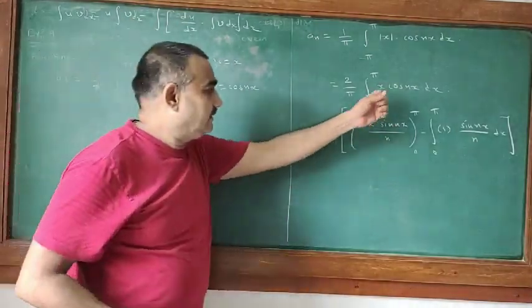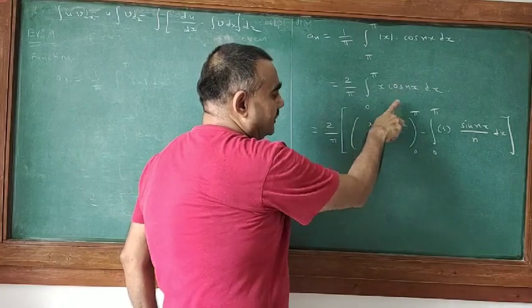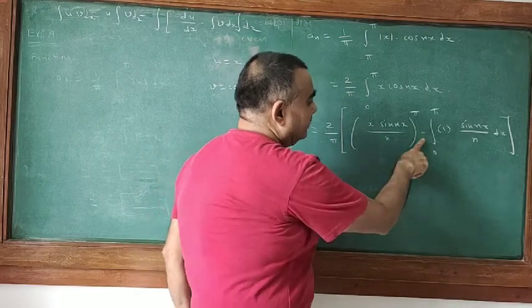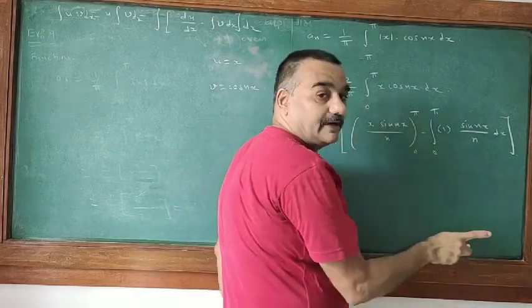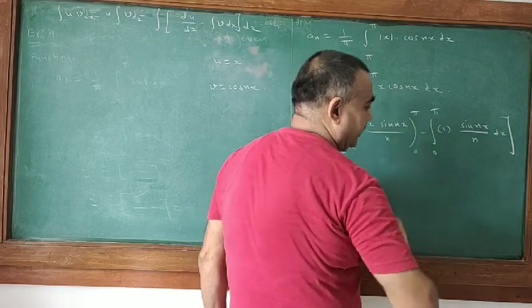How is it? u as it is, integration of cos is sin nx upon n, minus differentiation of x with respect to x will be 1, and that of cos is sin nx upon n.